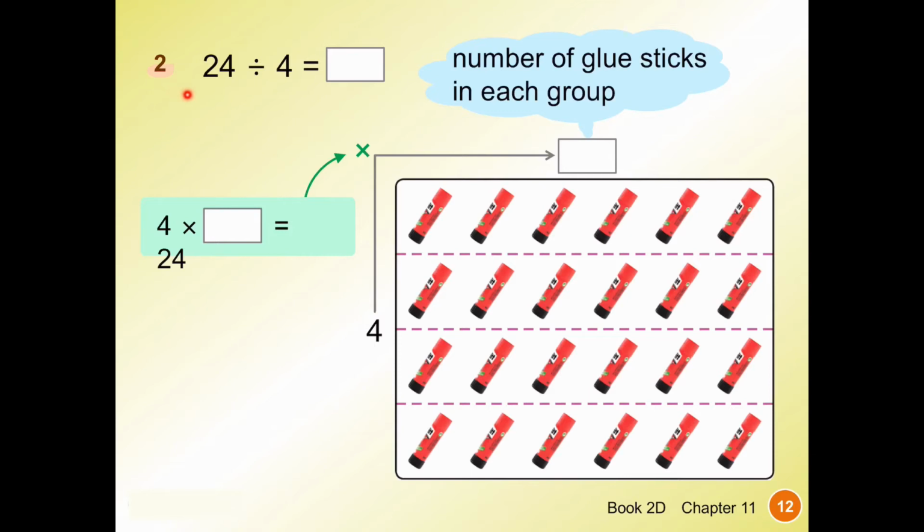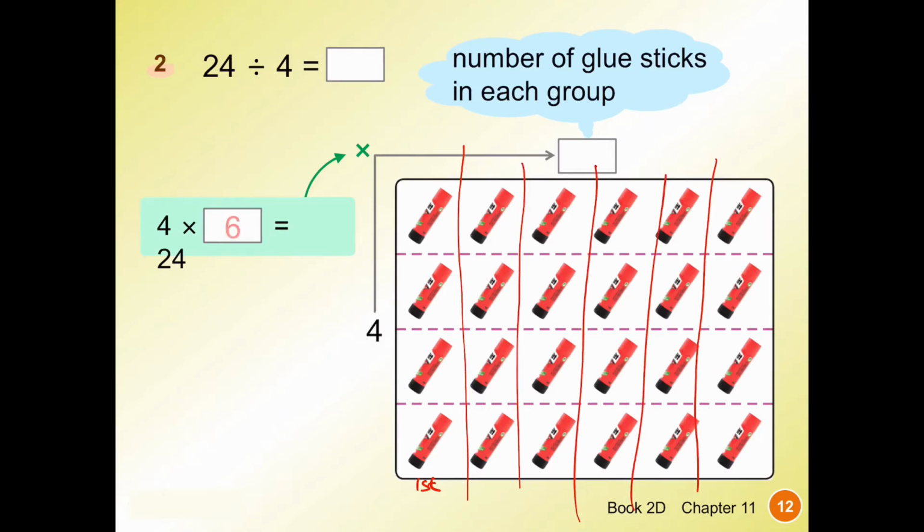Question number 2, 24 divided by 4 equals, and we know that we have 4 groups here. So in total we have 24 glue sticks, and we have 4 different groups. So once again we assign 1 glue stick to each group first, and this is our first time for the repeated subtraction, and then we'll continue until all the glue sticks have been assigned.